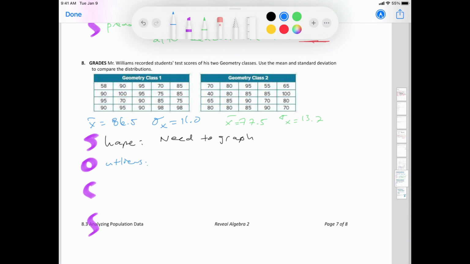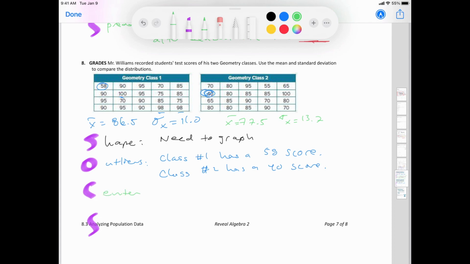Yeah, I think for the geometry class, class number 1 has a 58 score, and I see this 40 because the 98s are close to that 100, but I have that 40 is pretty low. So class number 2 has a 40 score. These are possible outliers. I'll give you a formula about that in a future lesson.